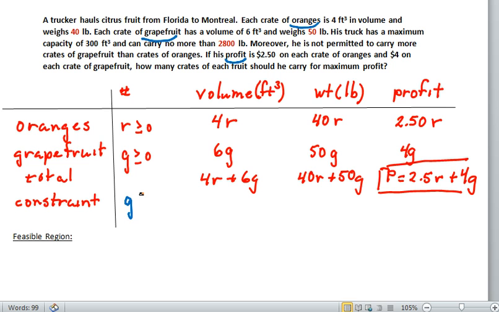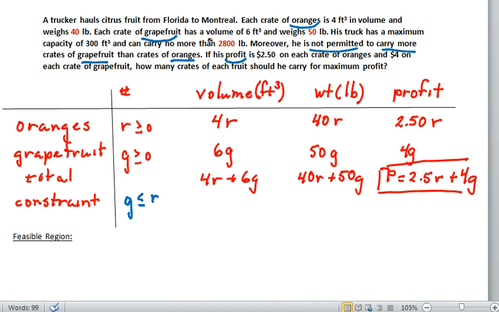G must be less than or equal to R, since the shipper is not permitted to have more crates of grapefruit than oranges.